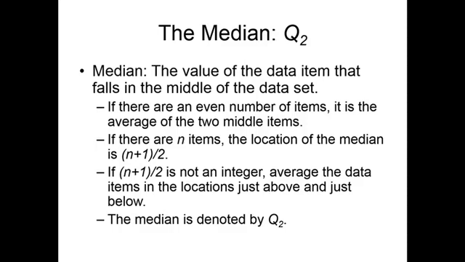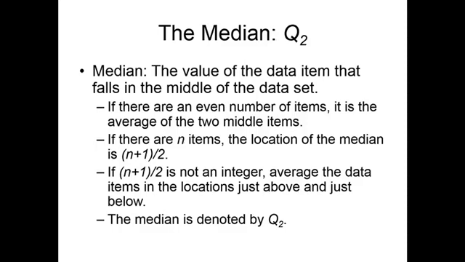Now, in addition to the high and low, which are the highest value and the lowest value, we also talk about the median value, which we label as Q2. Just as 2 is between 0 and 4, the median is between Q0 and Q4.